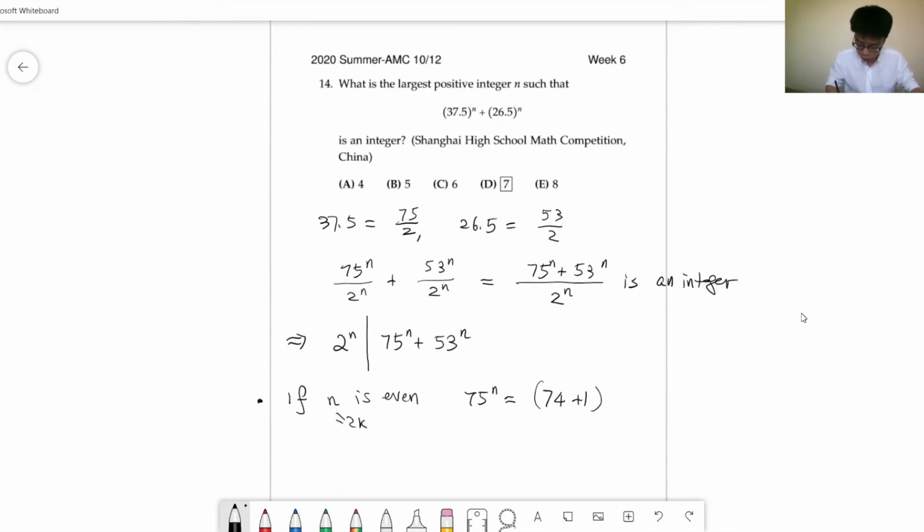We know that for an odd number with even power, when it's divided by 4, the remainder is always 1. Similarly, 53^n is (52 plus 1) to the 2k, so it's again an odd number with even power. So the remainder is 1 when it's divided by 4.